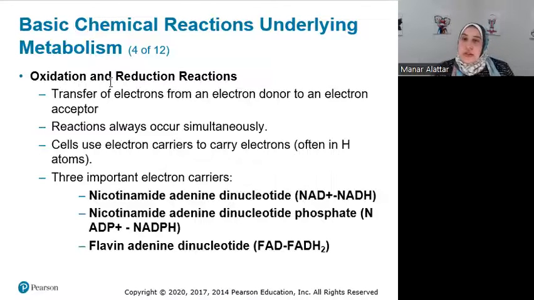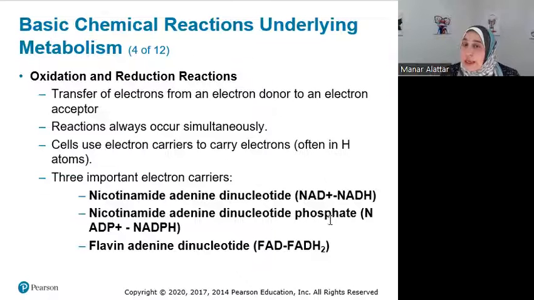Okay, and so we have molecules that allow us specifically to transfer electrons. And then those molecules also allow for hydrogen, which is useful in creating hydrogen pumps so that we can make ATP. And we'll talk a little bit more about that. But we have NAD+, which becomes NADH. And so there's a redox reaction, transferring electrons.